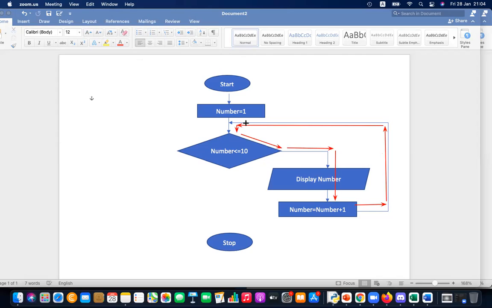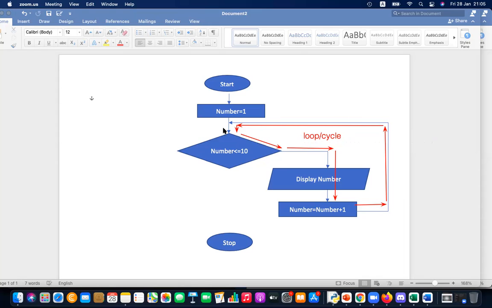This red color cycle is called a loop or a cycle.